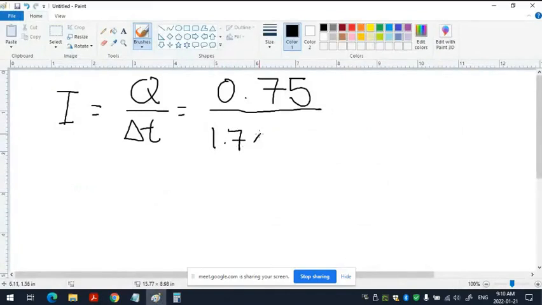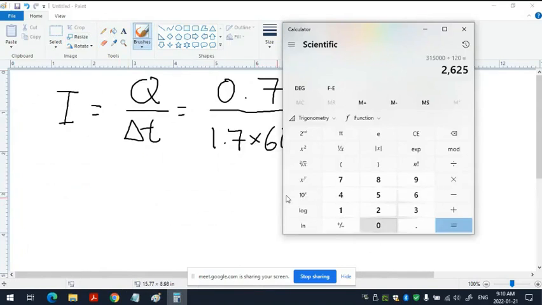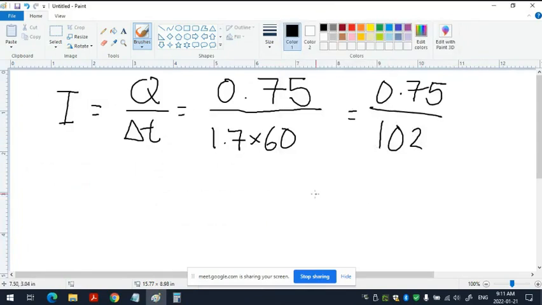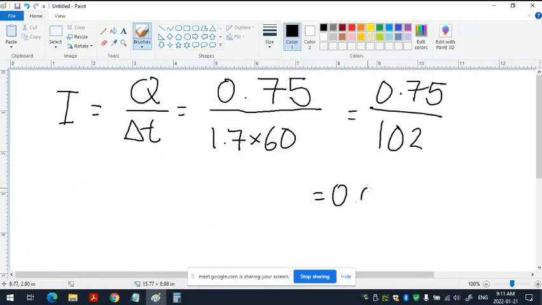Yep, you got it. 1.7 times 60 is 102. Divide, and you get almost 0.0074.